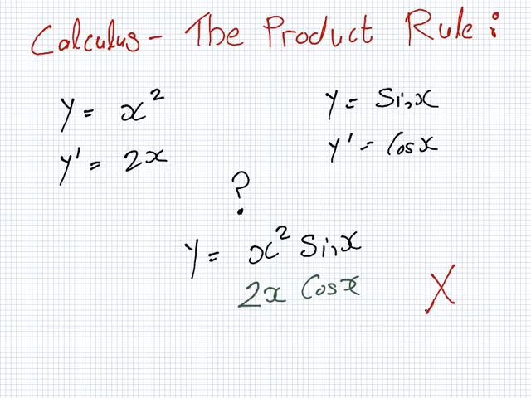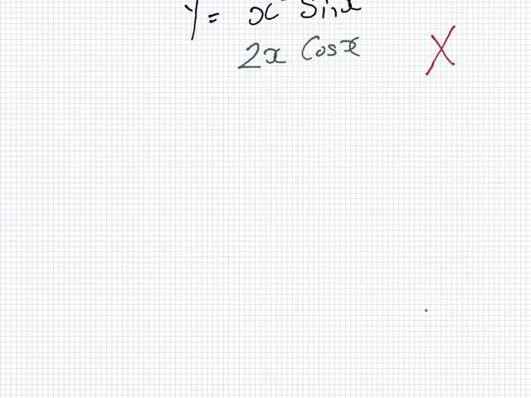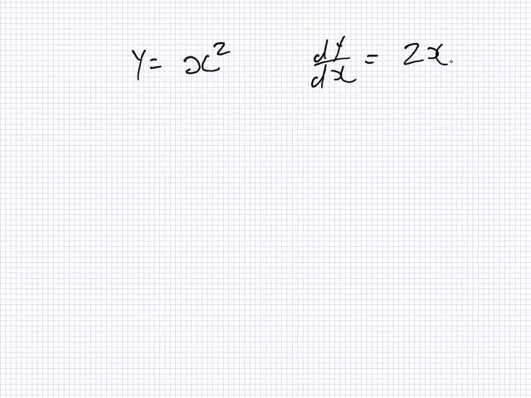And to prove why, let me have a look at a simple example. Okay, can I scroll down? Yeah. Here's a simple example. y equals x squared. It has a derivative of 2x, for sure, right? No doubt about it.